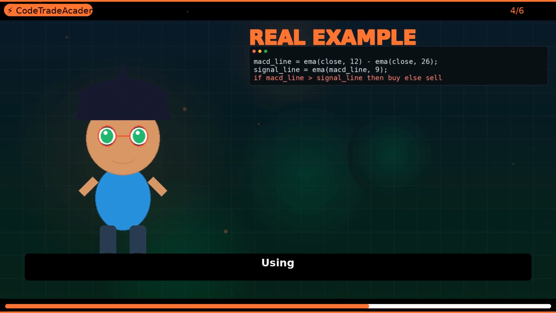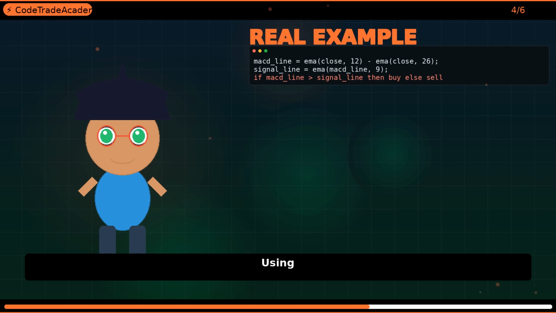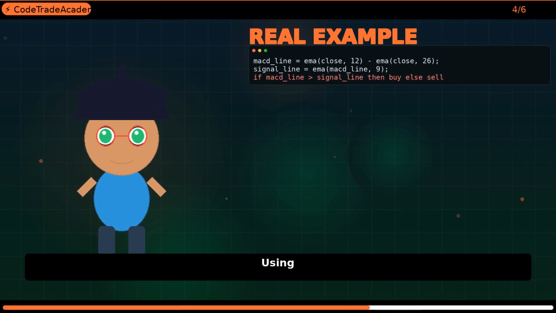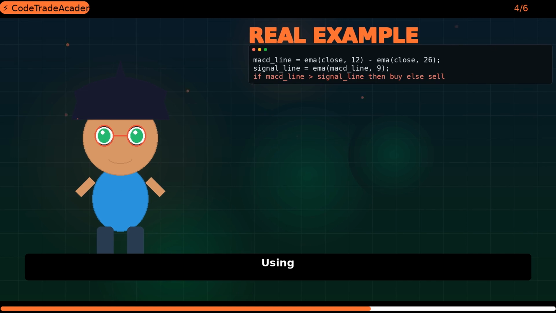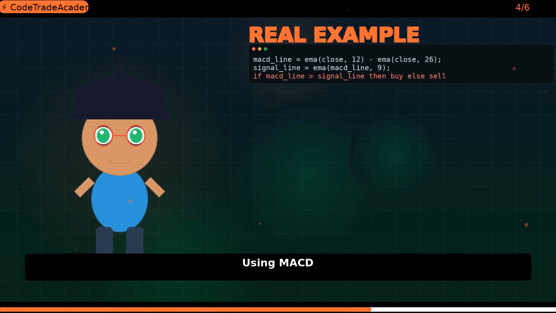Let's take a look at a real-life example of how to use MACD in trading. Suppose we're looking at a chart of Apple stock, and we want to use MACD to identify a potential buying opportunity. We can use the following code to calculate the MACD line and signal line. MACD line = EMA(close, 12) - EMA(close, 26).